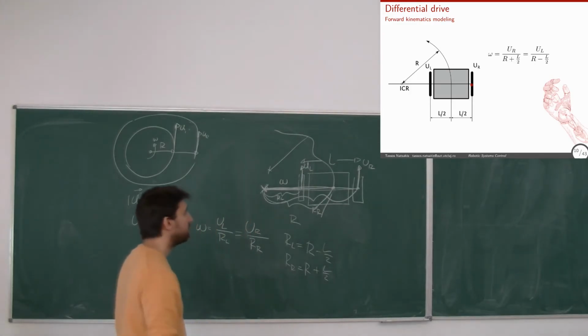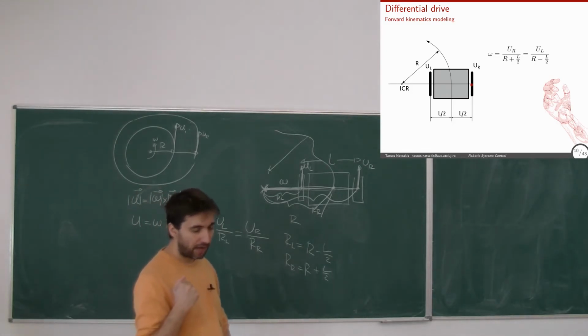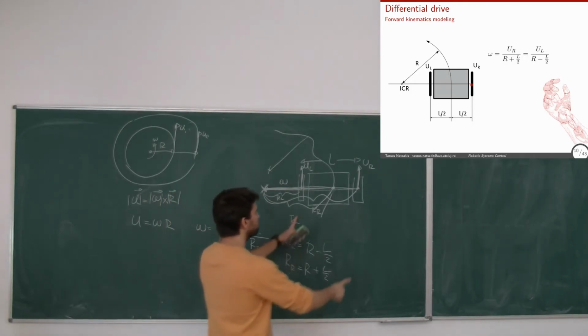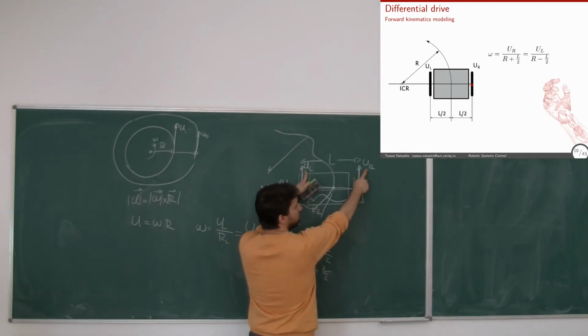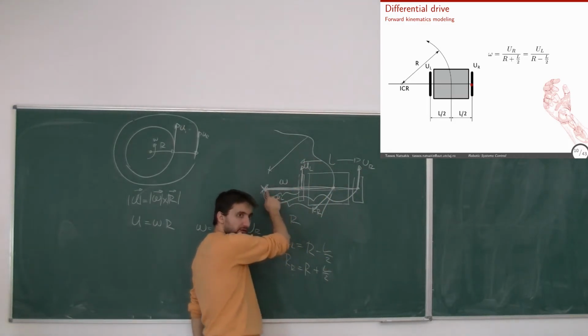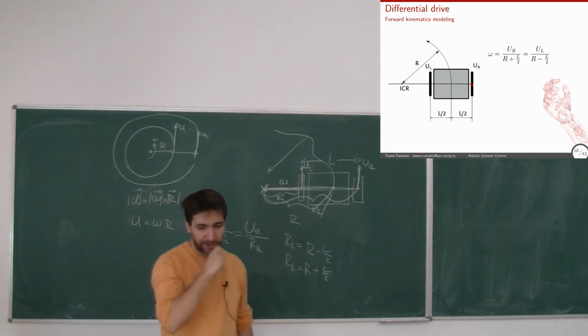But the question is actually the inverse. I know that these two have to be equal, but then I want to know what value I should give to these two speeds in order to follow this trajectory, in order to respect this R at this instance of time. So how can I do that?